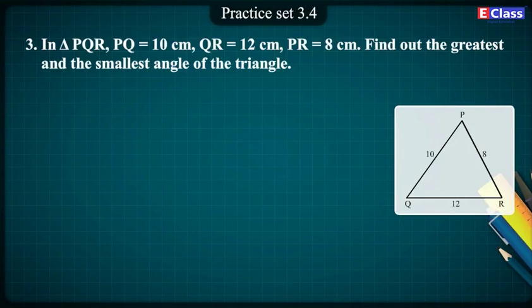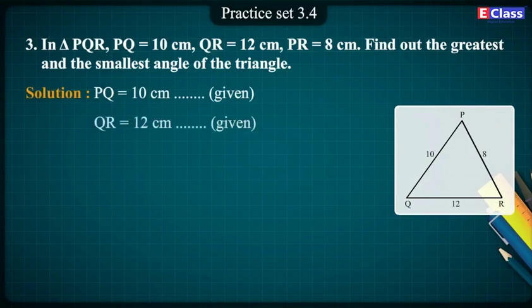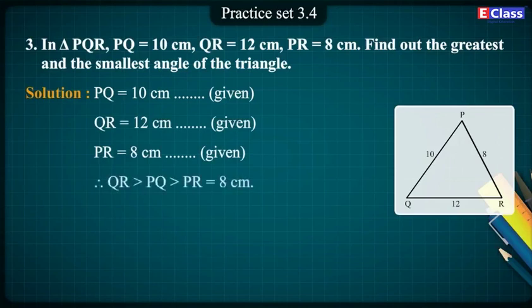Solution: PQ is equal to 10 centimeters, which is given. QR is equal to 12 centimeters, which is given. PR is equal to 8 centimeters, which is given. Therefore, QR is greater than PQ, which is greater than PR, which is equal to 8 centimeters.